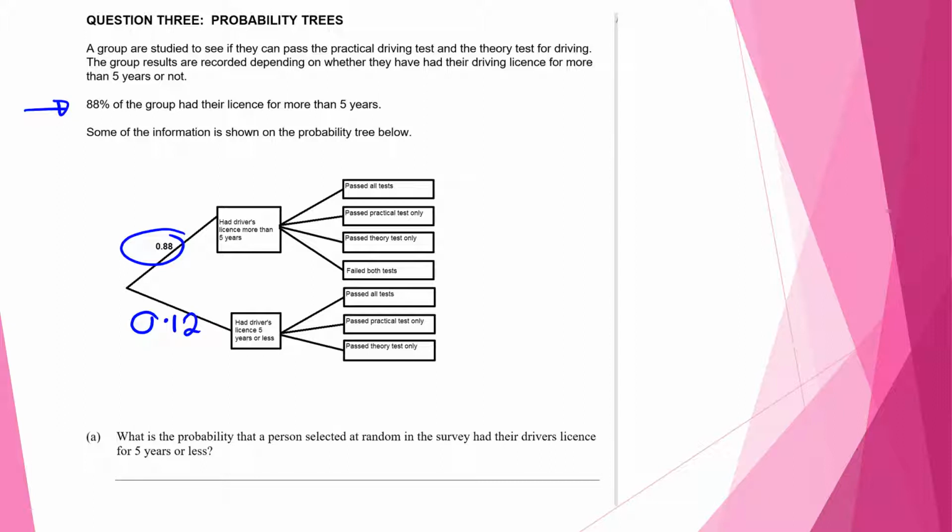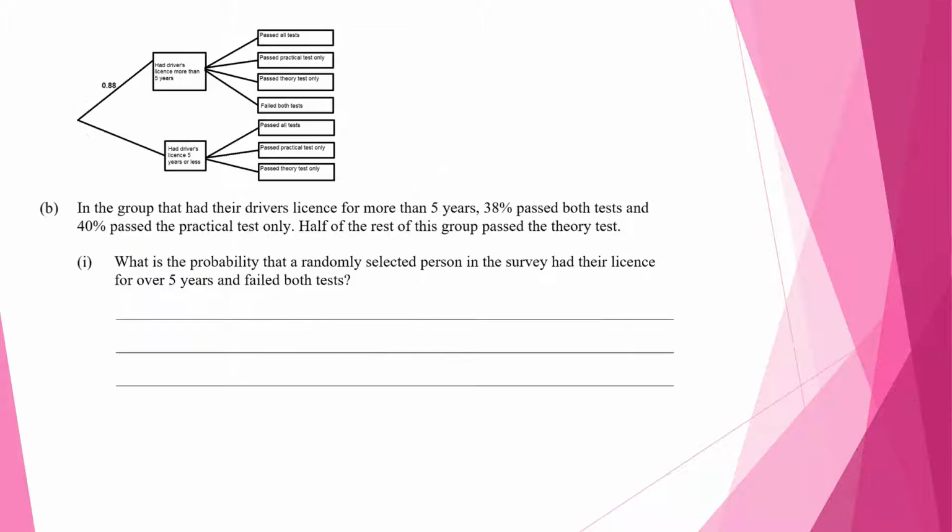So that must be 0.12, as those two probabilities must add to 1. And that is what the question is asking: what is the probability of having a driver's license for 5 years or less? It must be 0.12. That is a fairly easy achieved question, on the easier side for sure.